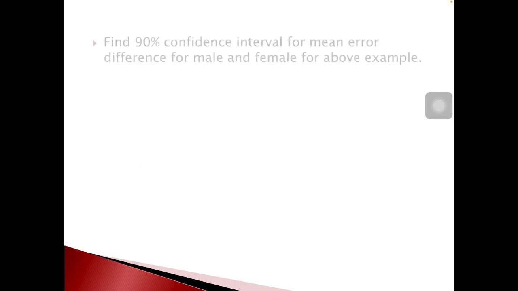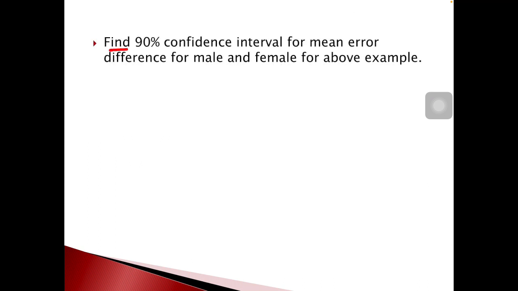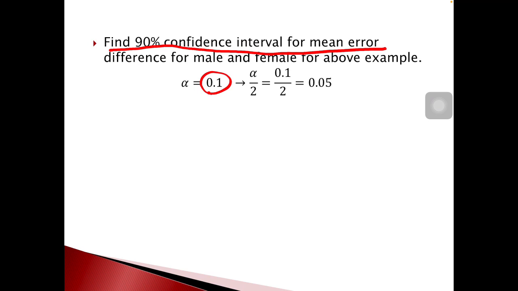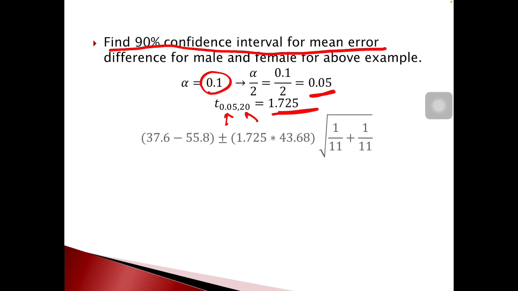So, find the 90% confidence interval for mean error for the previous example. Alpha is 0.1, so alpha over 2 is 0.05. Go to the t table and find alpha 0.05 and degree of freedom 20, value is 1.725.